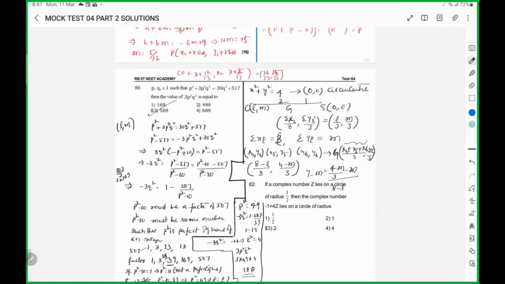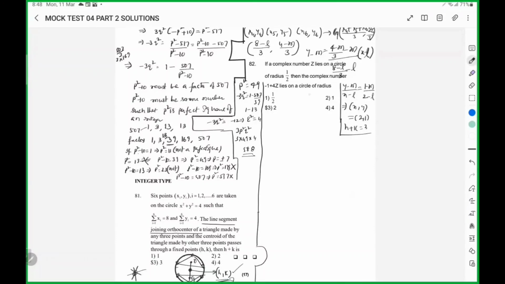By 8 minus L by 3 minus L is x minus L. After simplification, we get y minus m by x minus L is 4 minus 4m, which is 1 minus m by 8 minus 4l, that is 2 minus l. From there, this h plus k here is 2.